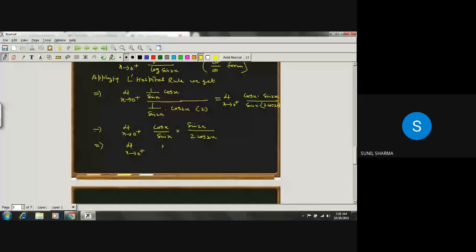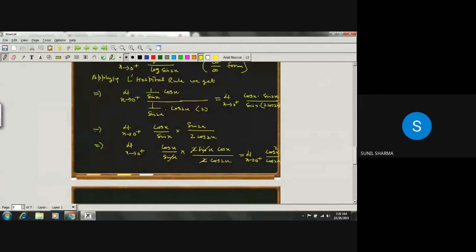cos x upon sin x into 2 sin x cos x divided by 2 cos 2x. 2 sin x cancel out. So we get limit x goes to 0 positive cos square x upon cos 2x.